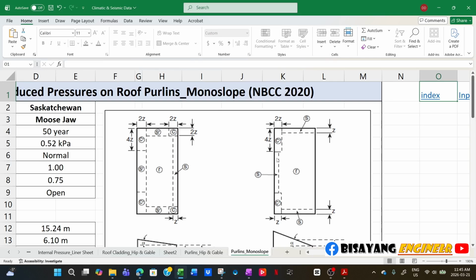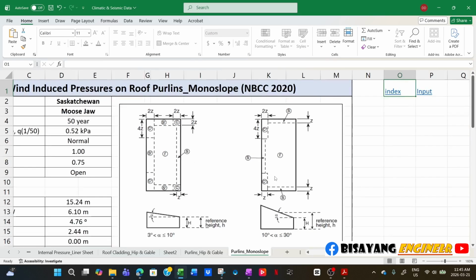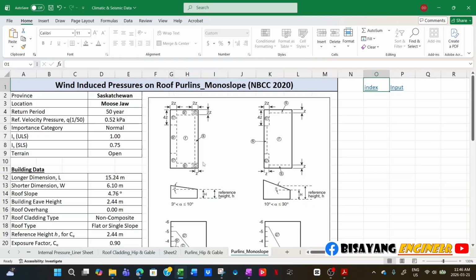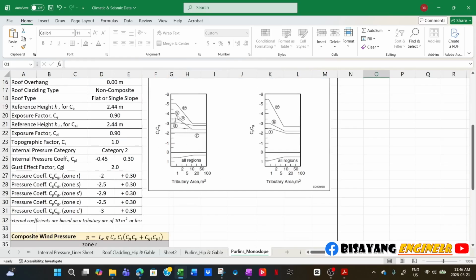But this one is a monoslope, so that's a single surface. That's why this bigger area is all R. There is no more S and C in the ridge line. But I'll just basically refer to this diagram here, and then you will have your coefficients.